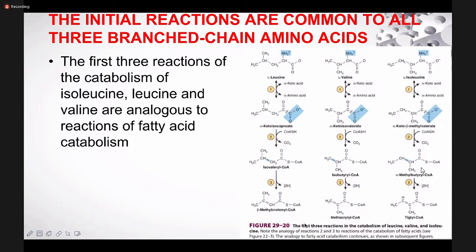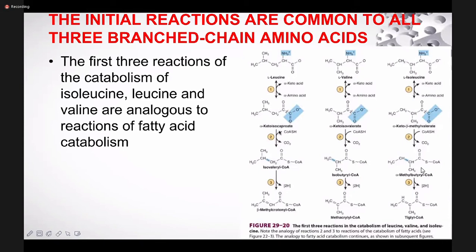After that, following transamination of the carbon skeleton, it starts with transamination of the alpha keto acid. Following this, the carbon skeletons of the resulting alpha keto acid undergo oxidative decarboxylation.